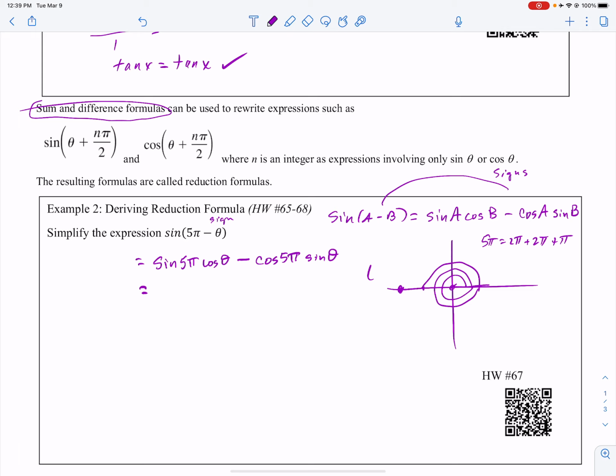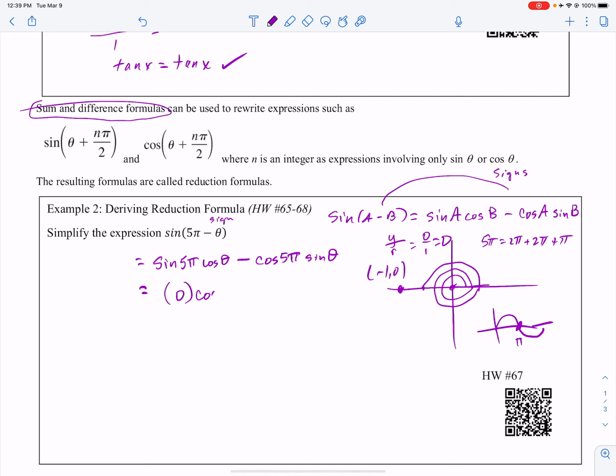So on the unit circle, you would be at -1, 0, and sine is y over your hypotenuse, which is 0 over 1, so sine of pi is 0. Or think about it graphically. Sine looks like this, and when it hits 0 again, you've gone 2 key increments, you're at pi. So multiple ways of thinking about that. All of that to say, sine of 5 pi is 0.